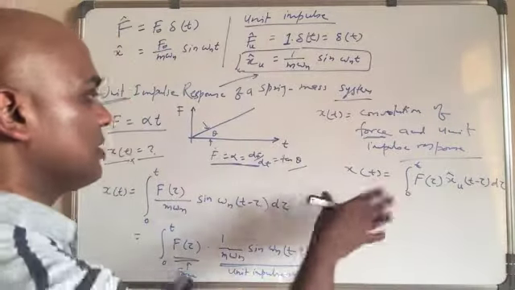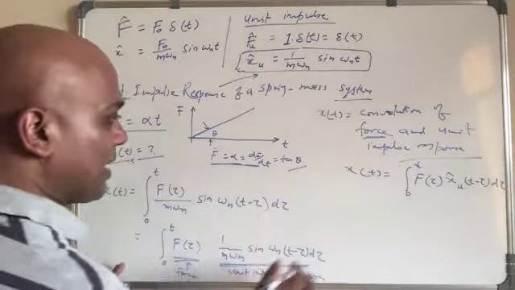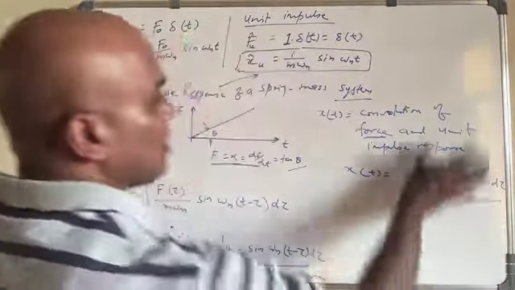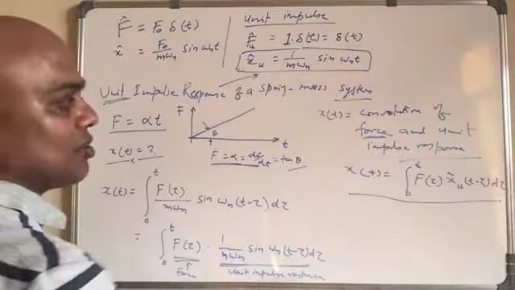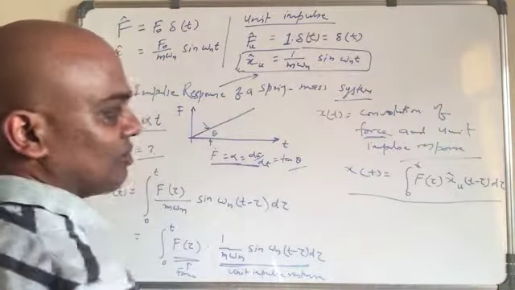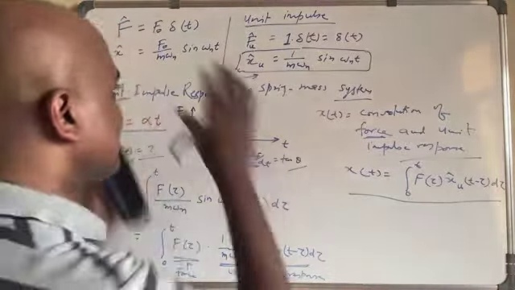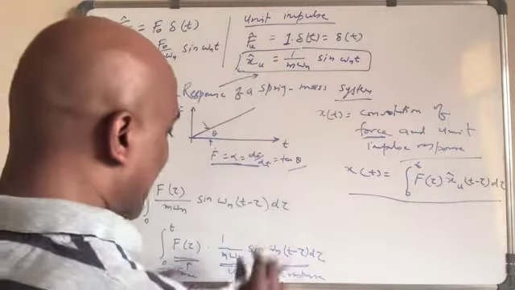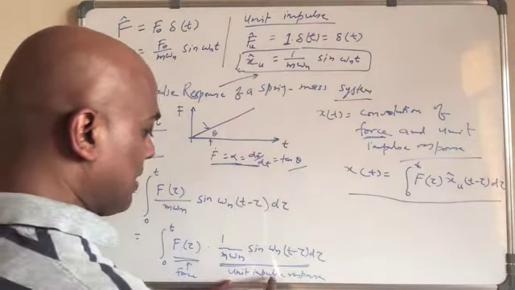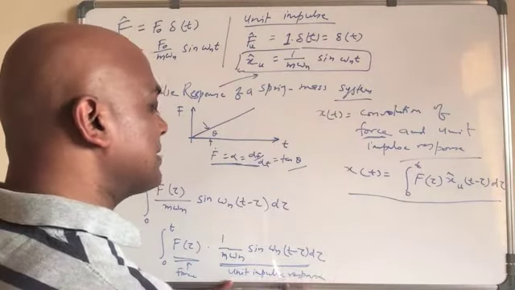So this is how you do it. Coming back, this is the bigger picture. This is valid for any kind of system. Here, for us, it is the unit impulse response for a spring mass system.